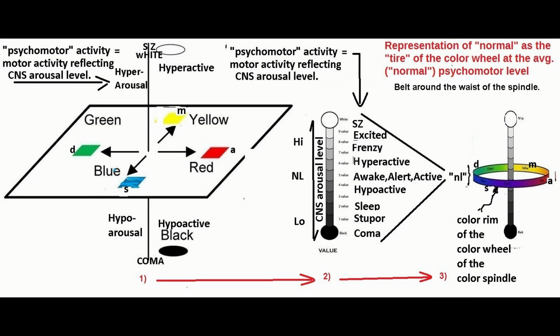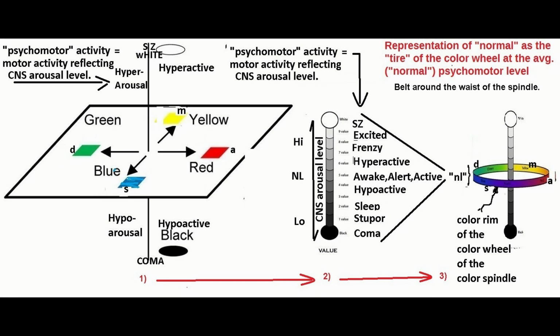Of course, you'll have high, normal, and low, and you can see the states that go along with the seizure and excited, down through awake and stupor and sleep and coma. In the middle, there's a band which would be people's normal level of psychomotor activity. So this is the rim of this color wheel with the color axis, the gray axis in the middle.